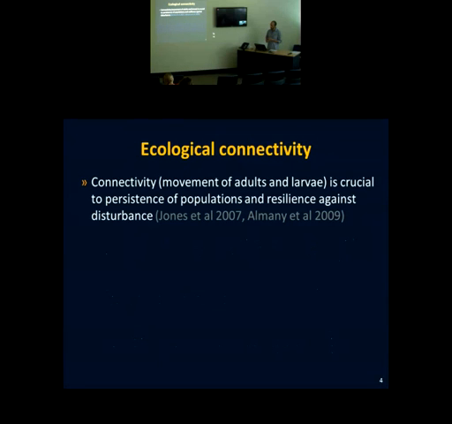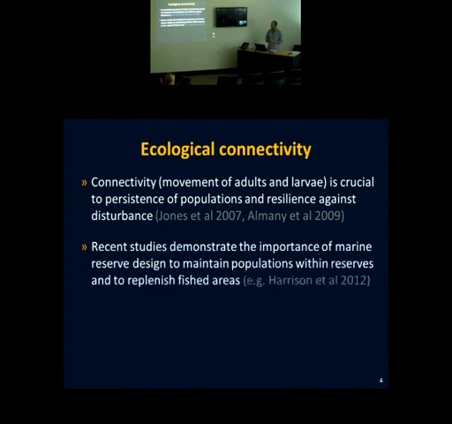On one hand, they will improve the probability that populations will be sustained in the long term, and second, if we think about, for example, processes of replenishment and basically buffering our marine design for disturbances such as overfishing or extreme climatic events, then connectivity becomes quite important, and the literature has extensively shown this is the case.